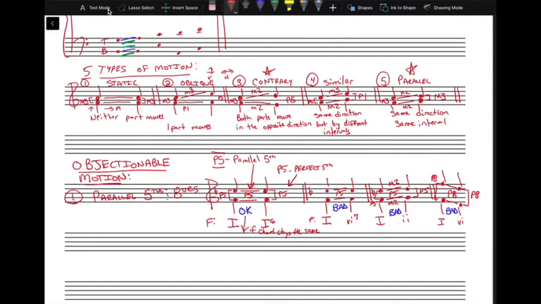The next type of objectionable motion is called contrary fifths and octaves.